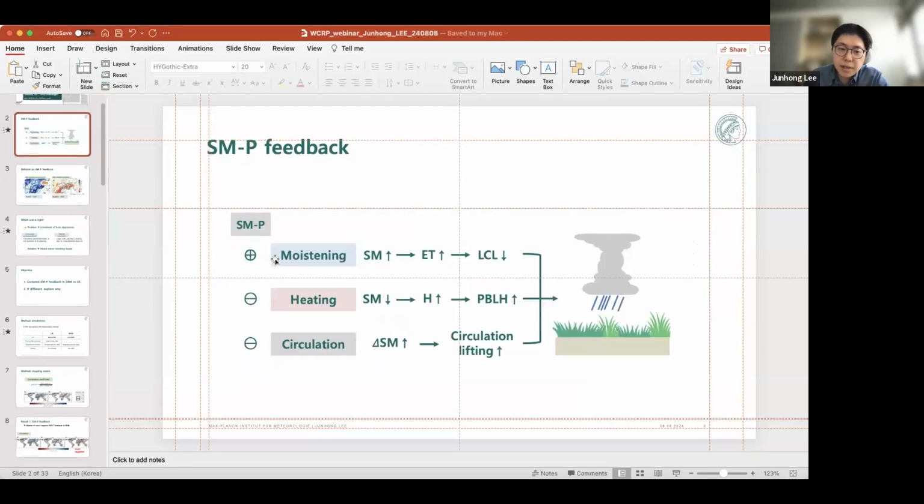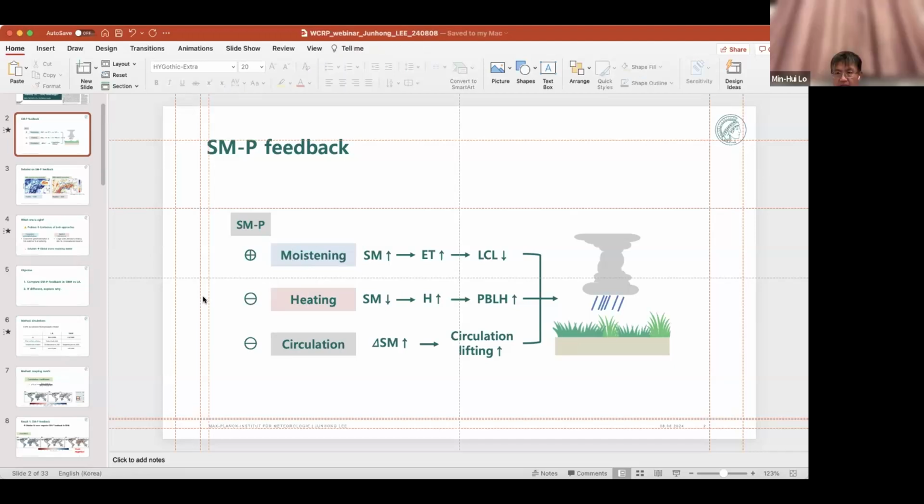It's because moistening processes are still dominating over heating and circulation at that point. Let's say the moistening process dominates 60% and heating is 40%, then it will still be positive, even if the magnitude is very small.